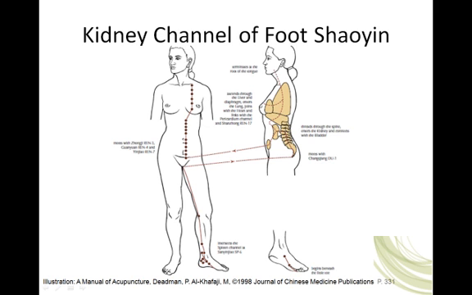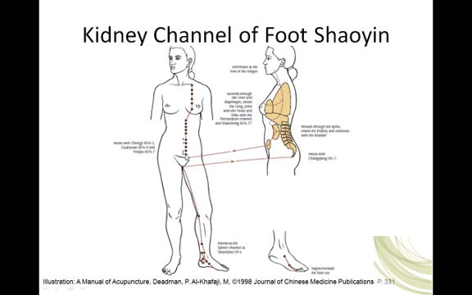The other branch, which splits from the kidney, descends, connects with its internal-external pair, the urinary bladder, and then comes to the surface again at kidney 11.